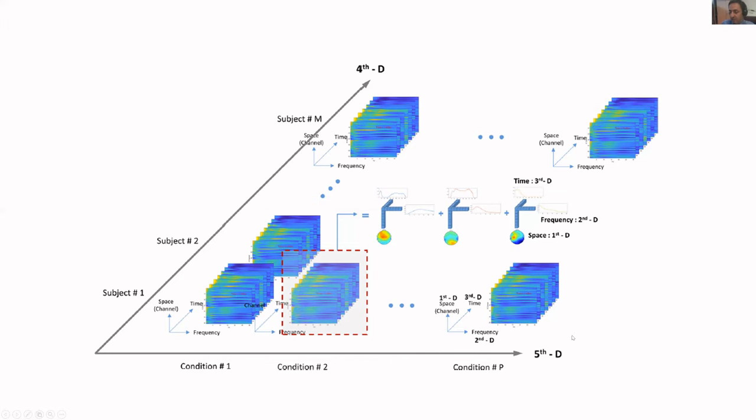We end up with a 5D space, and we search for the so-called master components, which are components in this 5-dimensional space and common to all dimensions.